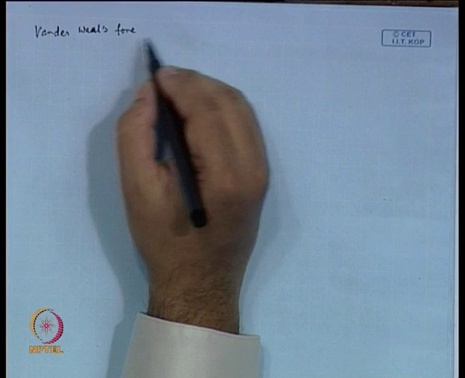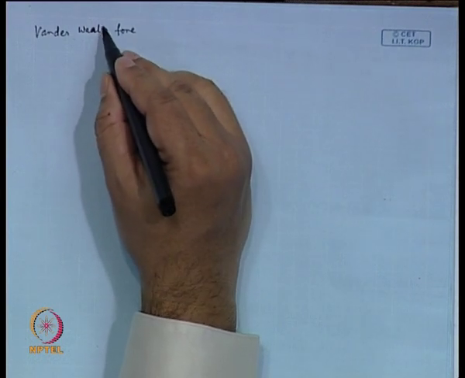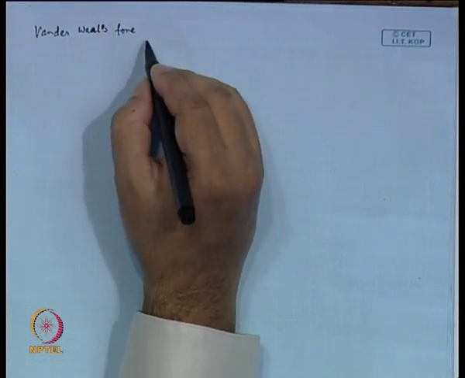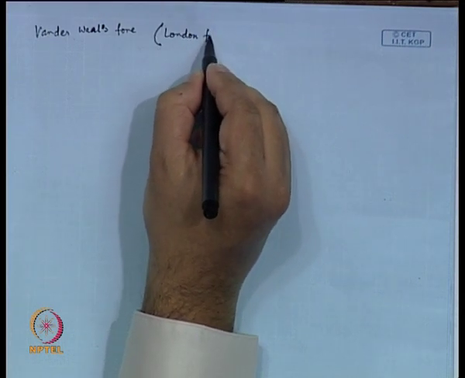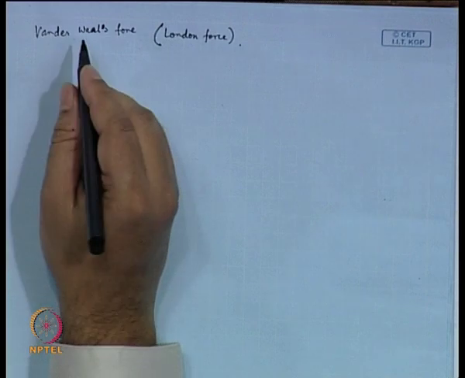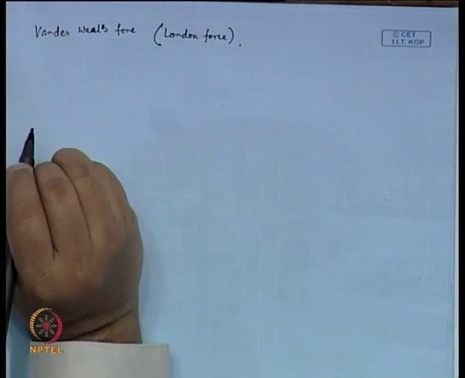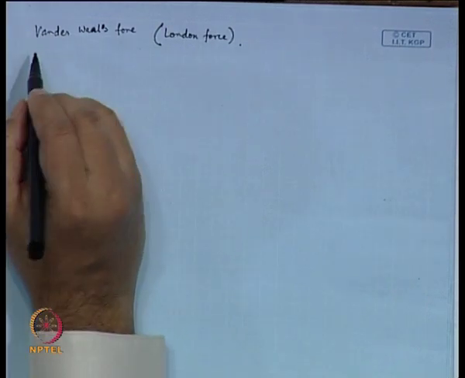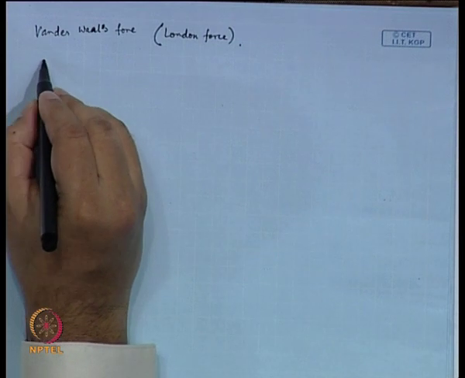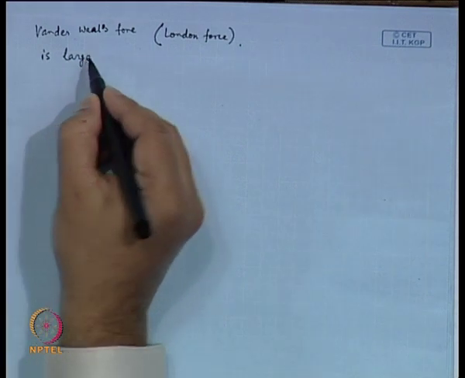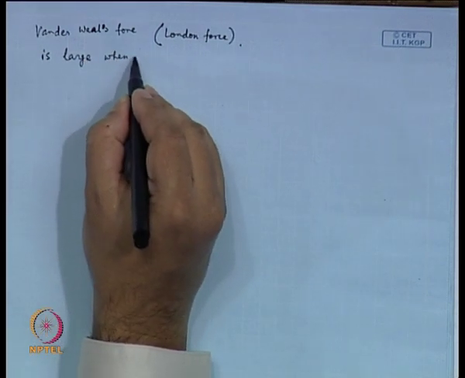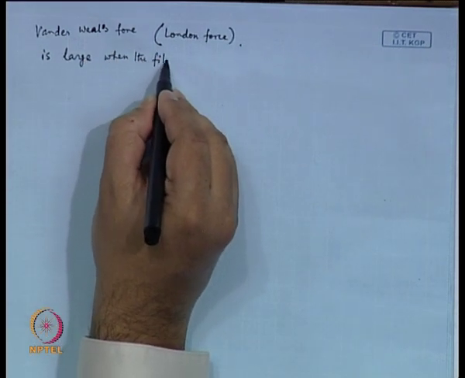In the terminology of people working in this area, this is also referred to as London force. The point here is that this force is large when the film thickness is small.